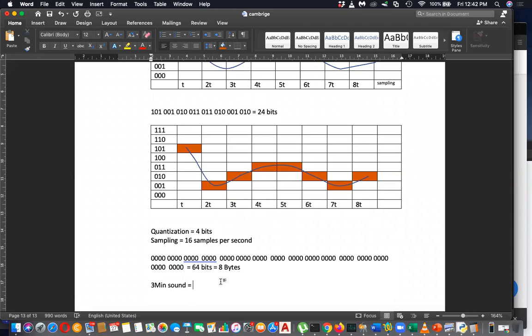This is 8 bytes per second, so you have to multiply 8 by 60. 60 into 8 is 480 bytes per minute. So for 3 minutes, it is 480 into 3.